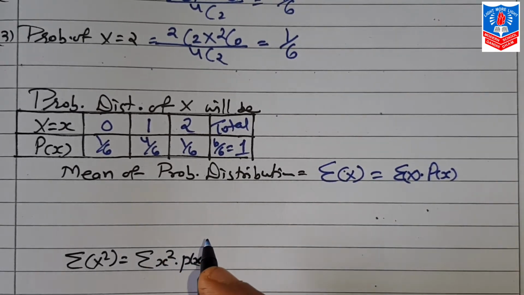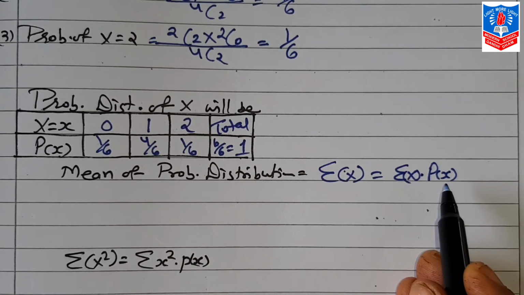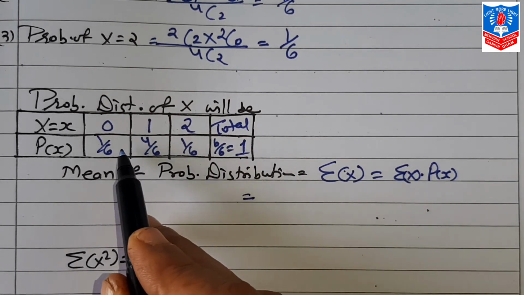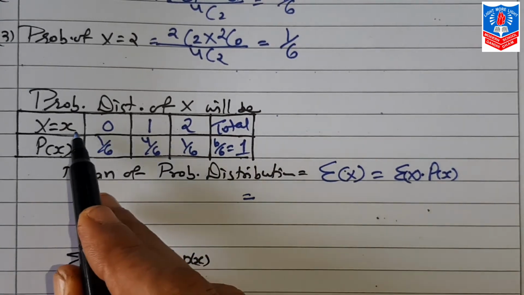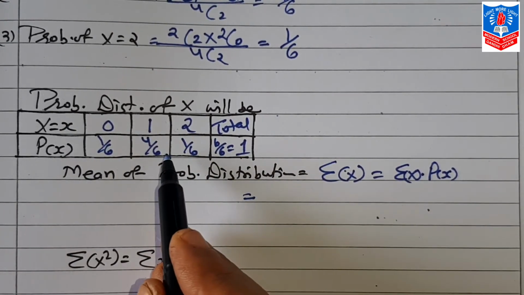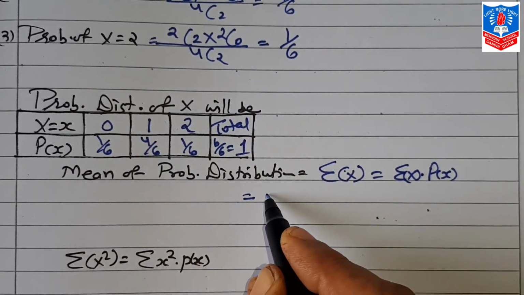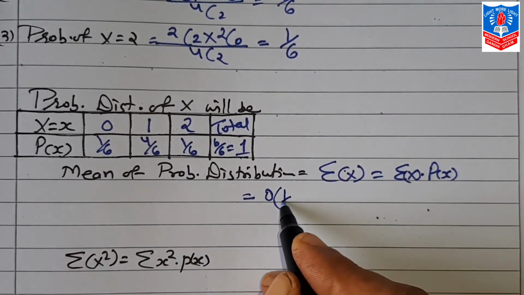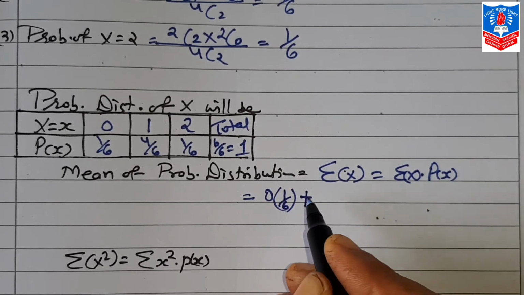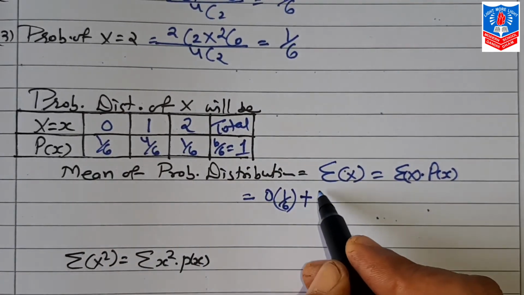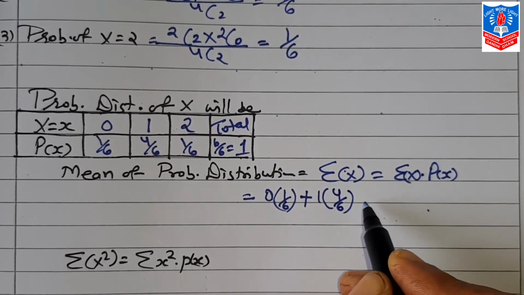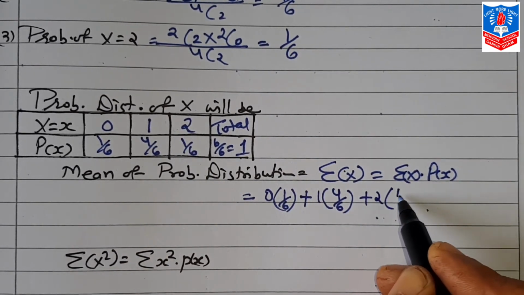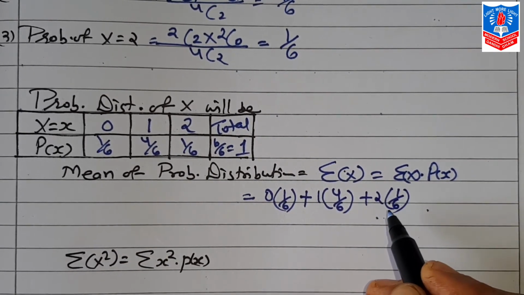Now here sigma x into px, because here the values are already with us, x value and px. So when you multiply this, 0 into 1 by 6 plus 1 into 4 by 6 plus 2 into 1 by 6.